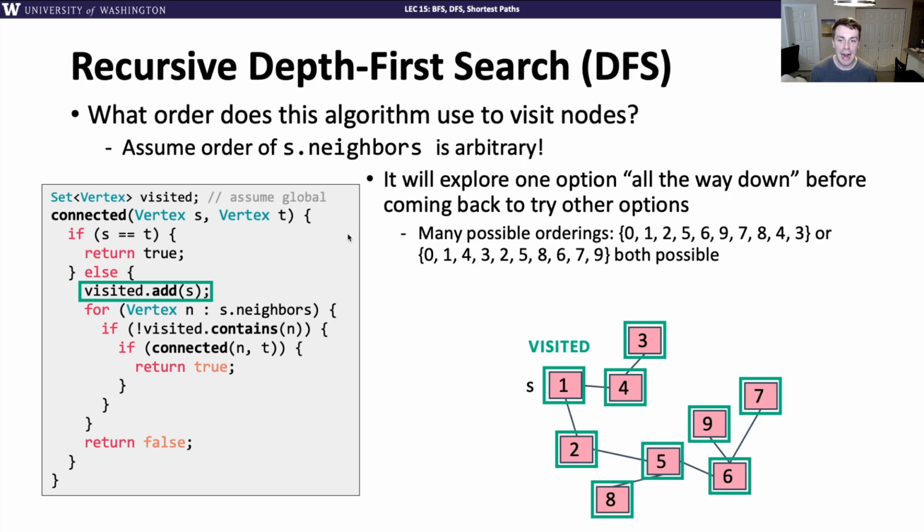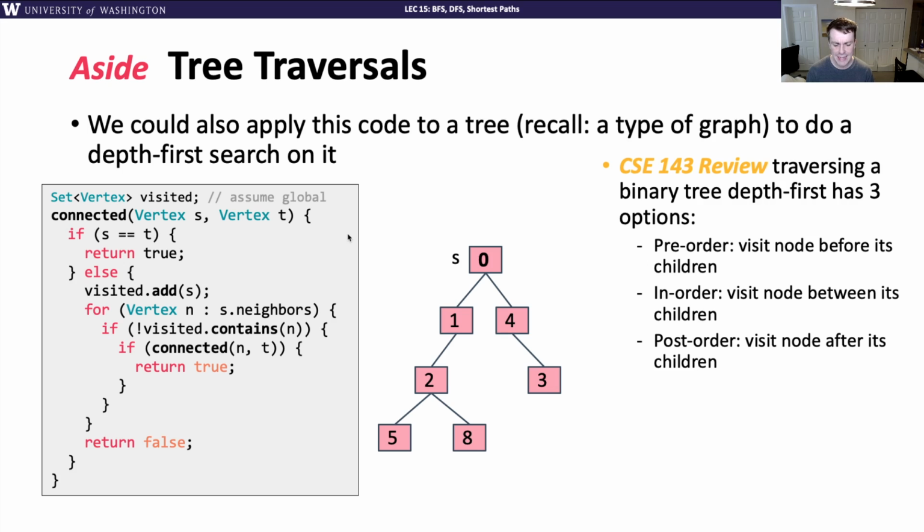I want to quickly highlight one thing about depth first search, though. This is something you're slightly familiar with already, but not by name. If you think back to tree traversals from 143, these pre-order, in-order, post-order traversals, just going through a tree, all of these traversals ended up being depth-first searches.